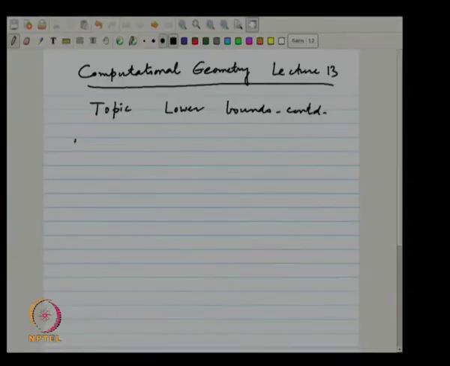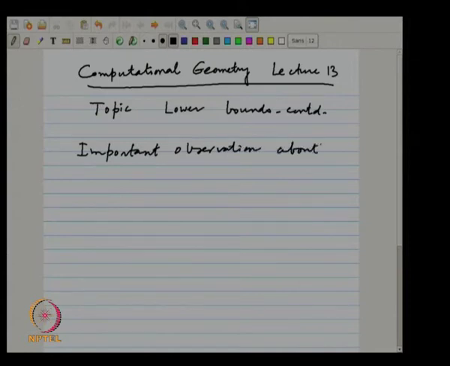an important observation about linear decision trees.